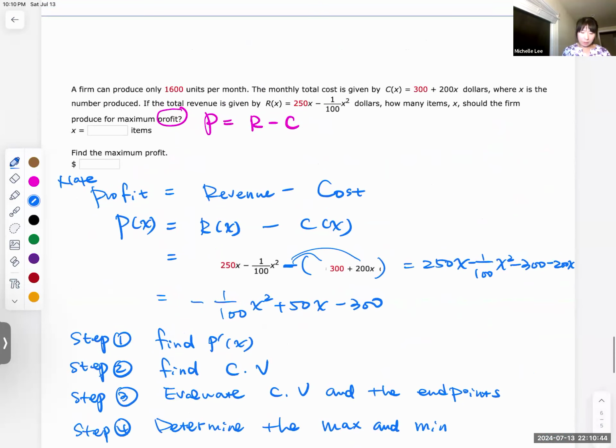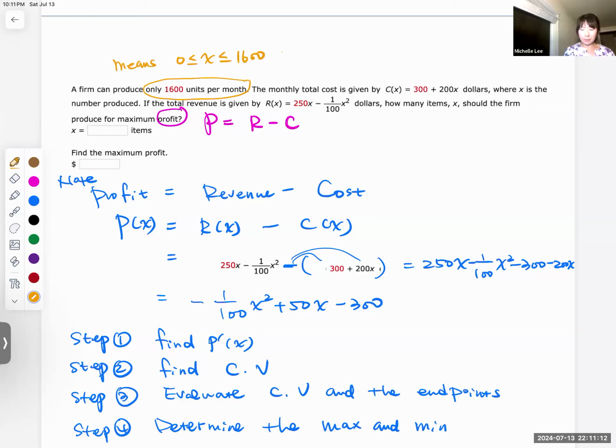We have a firm can produce only 1600 units per month. This means the x value must be between 0 and 1600, right?